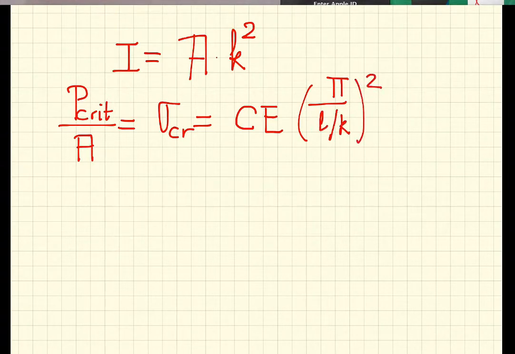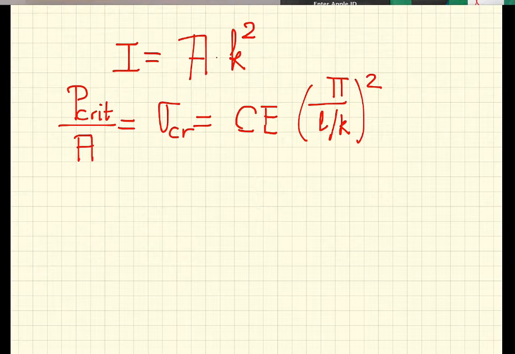And note that it used to be EI down here, but we got rid of the I by writing it as A times K squared, and that's how we ended up with this formula, where we write the critical stress directly.